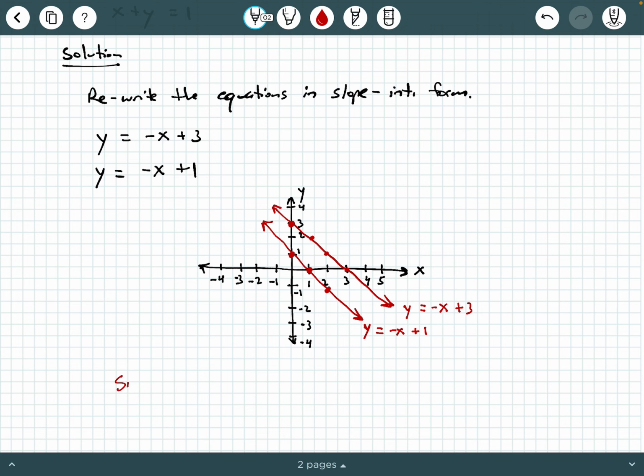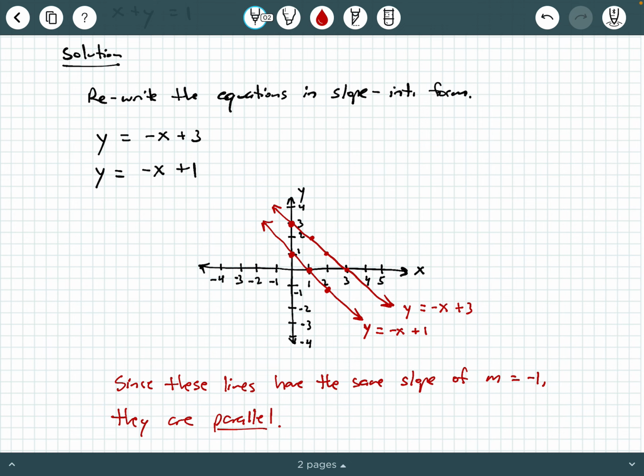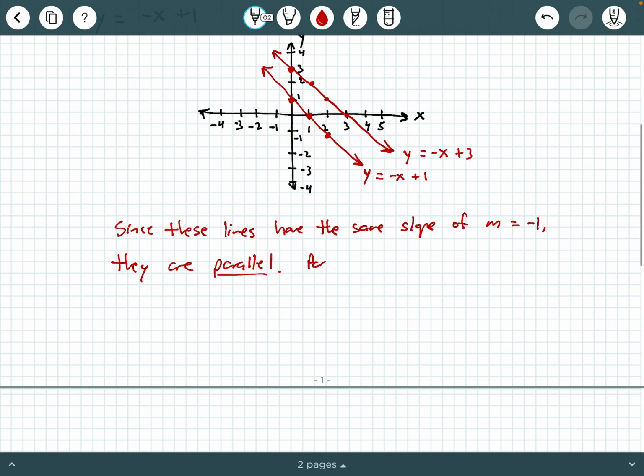We can say, since these lines have the same slope of m equals -1, they are parallel. Now, parallel lines never intersect.